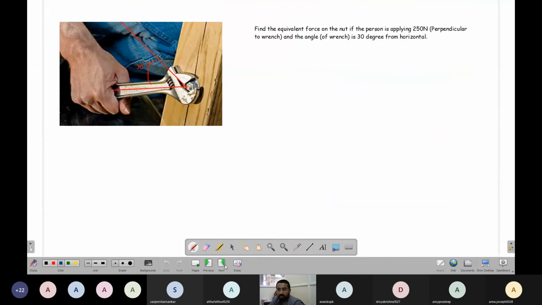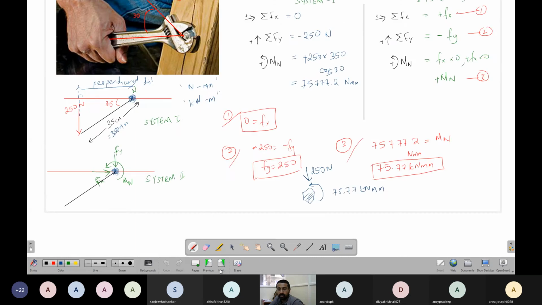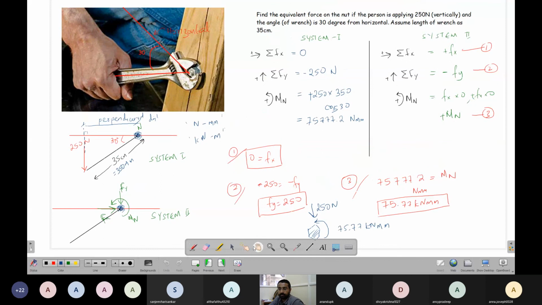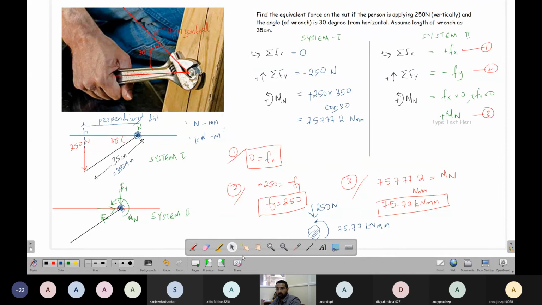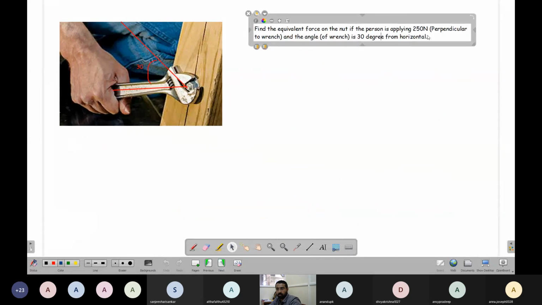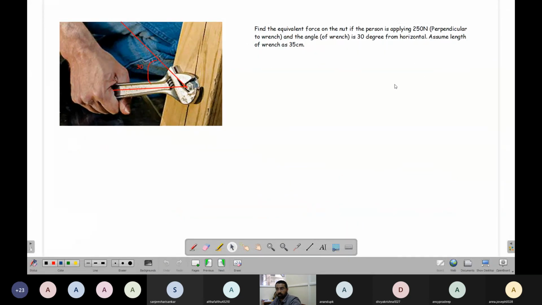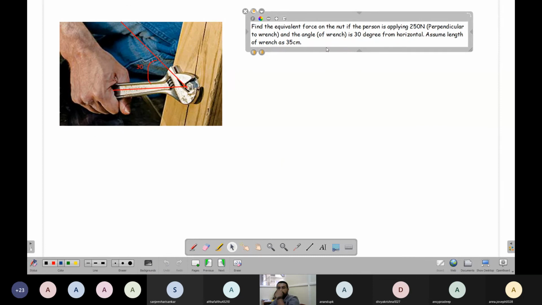Okay, now let's go for the next example. Again the same question, but there is a twist. I'll copy that distance here: 35 centimeters.